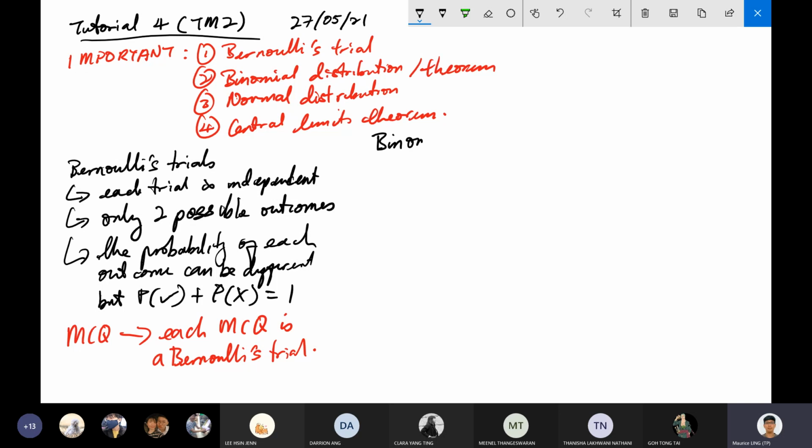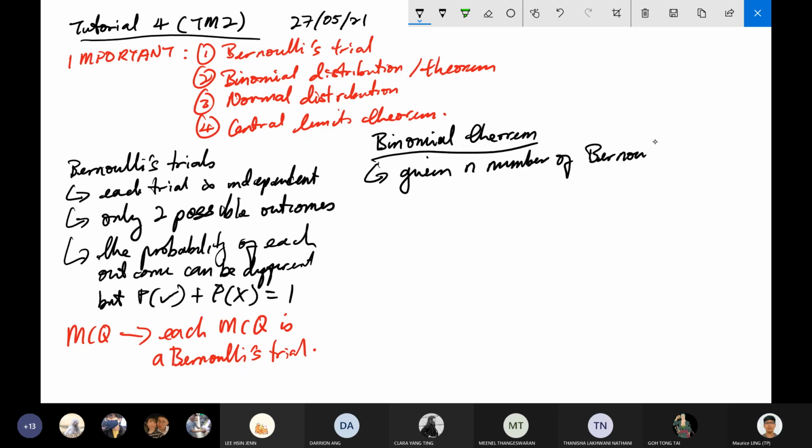Then based on that, what is the binomial theorem? What is the purpose of the binomial theorem? Essentially, the binomial theorem is to find out, given n number of Bernoulli's trials, what is the probability of r number of successes?